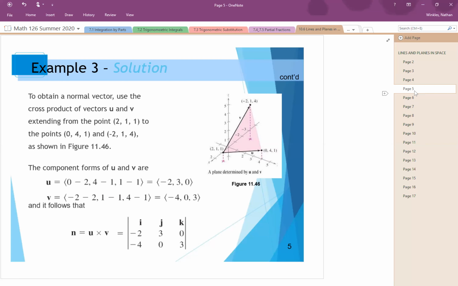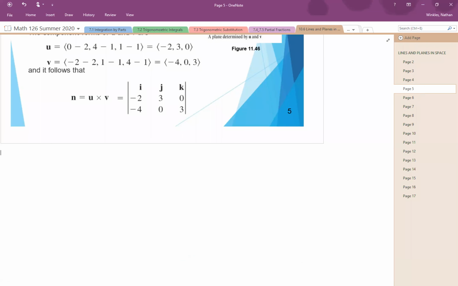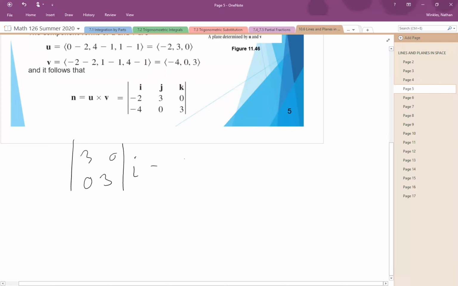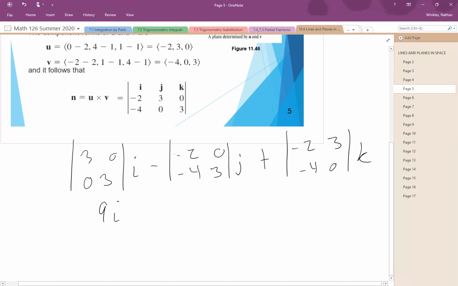If we go back and fill in that gap, we have the determinant of 3, 0, 0, 3 times i, minus the determinant of -2, 0, -4, 3 times j, plus the determinant of -2, 3, -4, 0 times k. So 9i minus negative 6, so plus 6j, plus 12k.